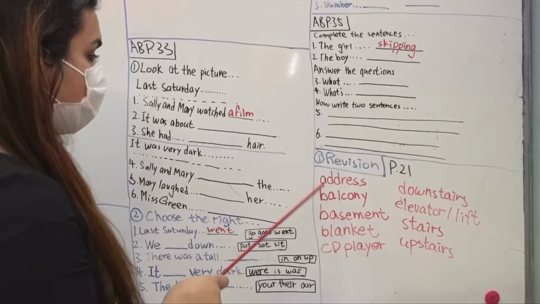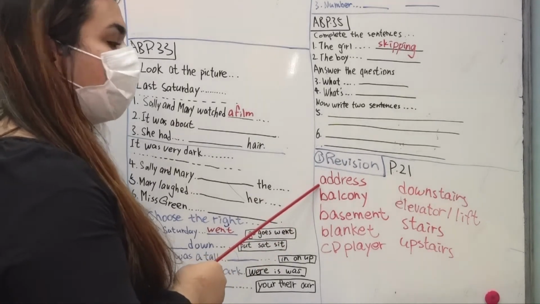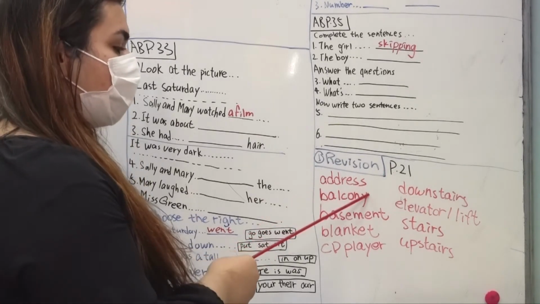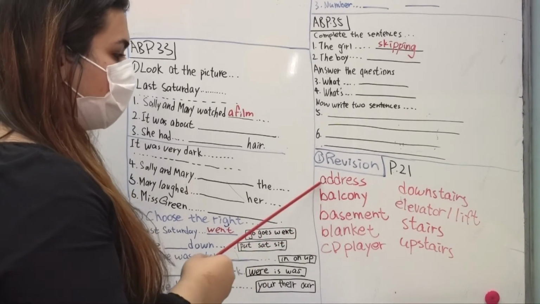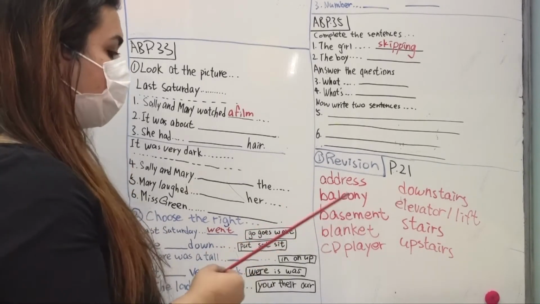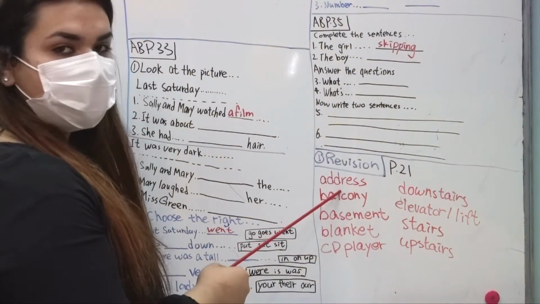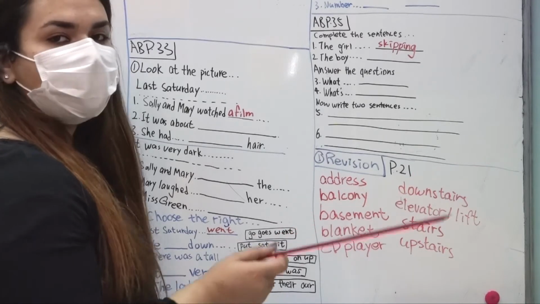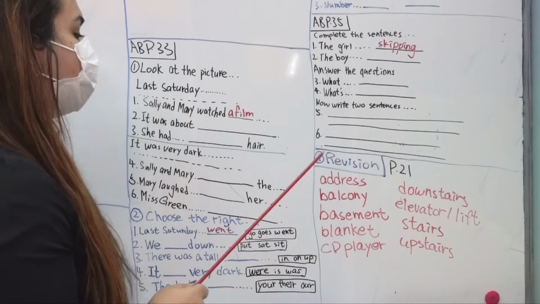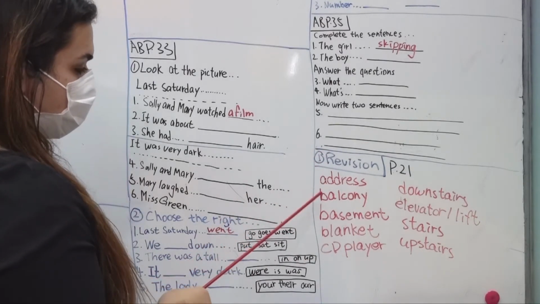So, this one should be at number 1 in your book, right? We call this address. Address. How do we spell? A-D-D-R-E-S-S. We call that address. Okay? Address.